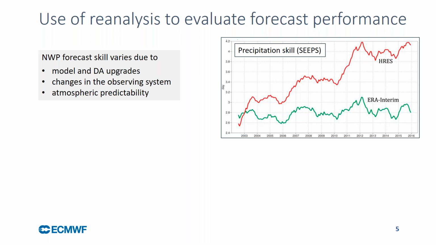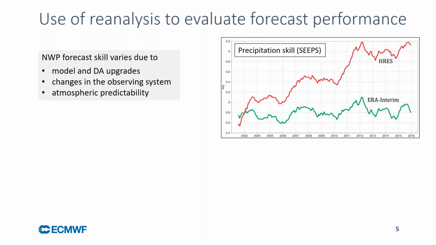One is obviously the model and data assimilation changes, higher resolution, better physics, etc., and the data assimilation itself. The other is the changes in the observing system. And the third one is just the predictability regimes that change over time in the atmosphere.